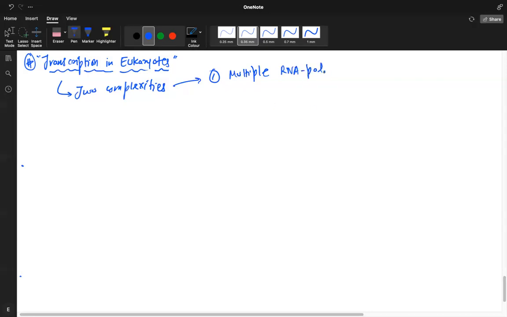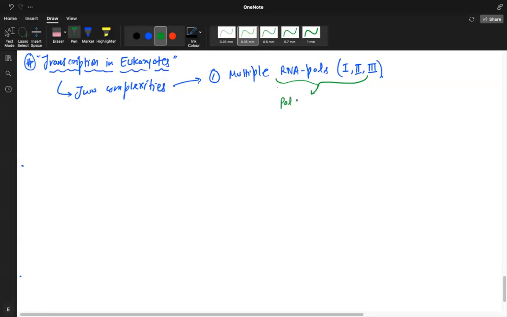To name specifically 3: polymerase 1, 2, and 3. And you also have to know here that in eukaryotes, they do different functions.